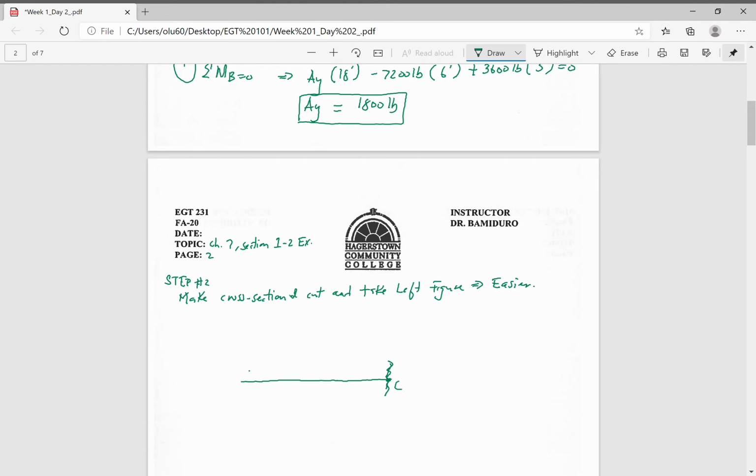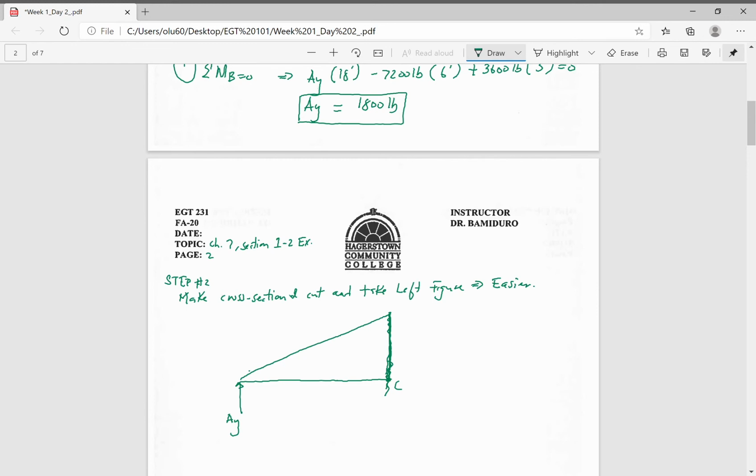Now I have to be able to find... So I made the cut right here. I have to be able to find this height though, because I don't know what that height is. Okay, and this is my A sub y.